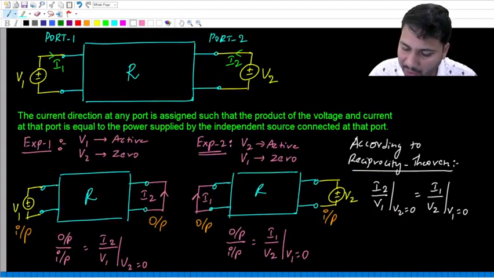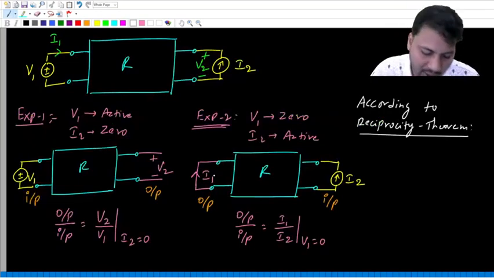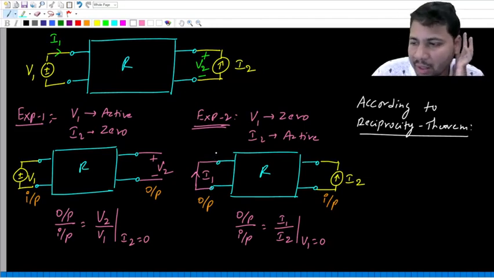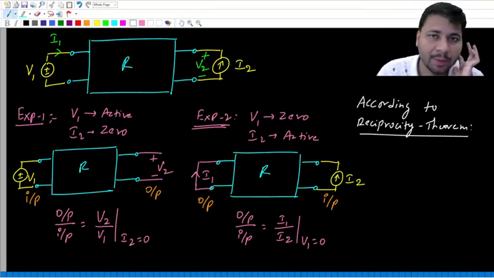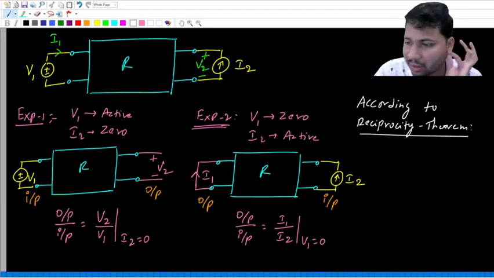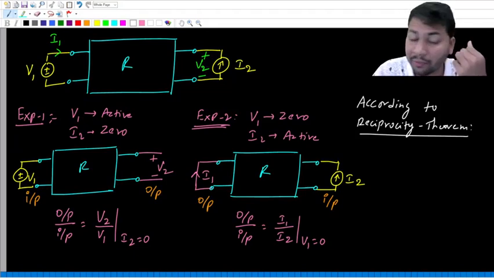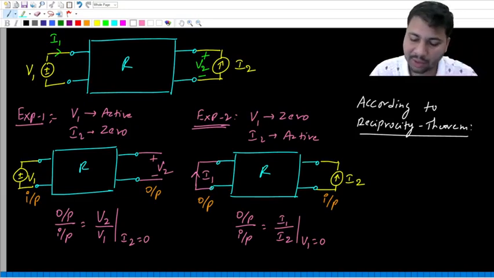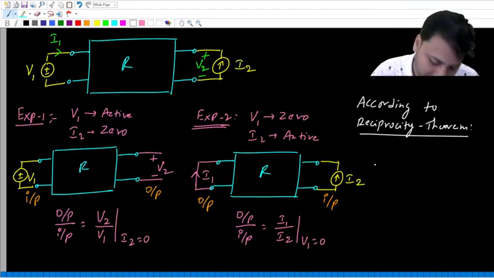But what is the difference between this case and the earlier two cases? In the earlier two cases, at both the ports we connected the same type of source: voltage source, voltage source in one case, and current source, current source in the other. But here, at both the ports, we have connected different types of sources. When you connect different types of sources at the two ports, then according to the reciprocity theorem, the two ratios are not equal to each other, but they are negative of each other.